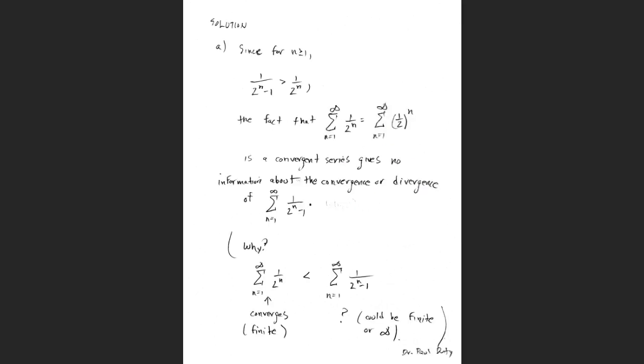Whenever we try the comparison test, we take a series that is not exactly like one of the series we've seen, and we want to compare it to a series that we know something about. The series of 1 over 2 to the nth power is a convergent geometric series, right?